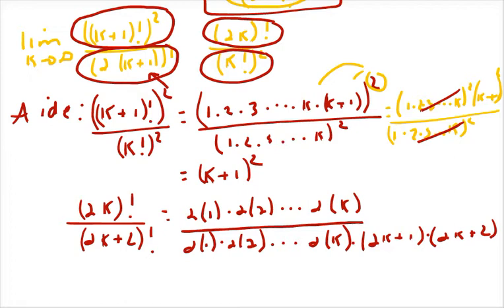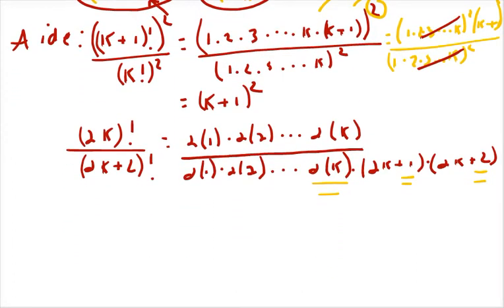We went 2 more beyond 2k. So that cancels out, and what you're left with is this piece. So it equals 1 over (2k plus 1)(2k plus 2). All right, so there are your two pieces.